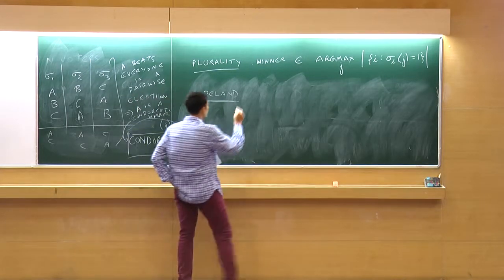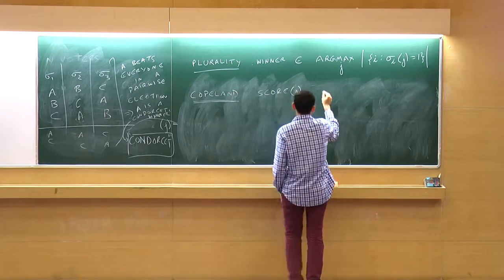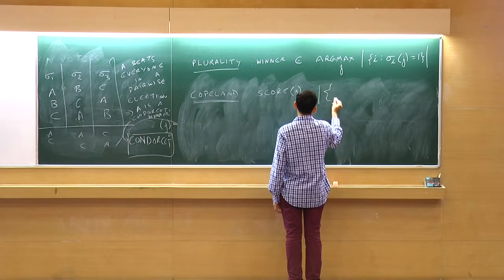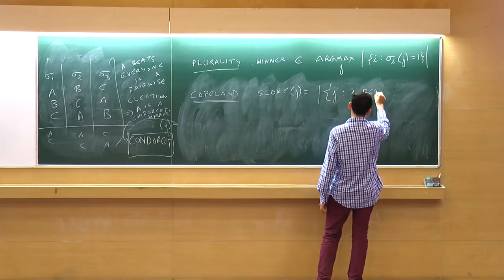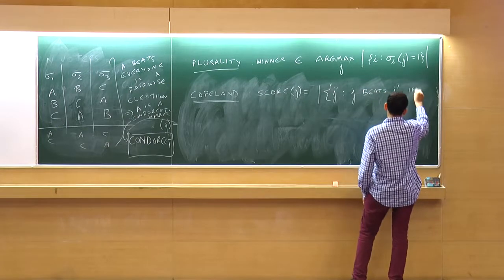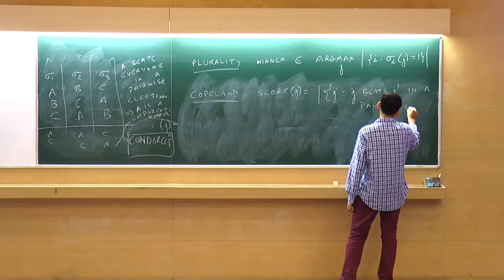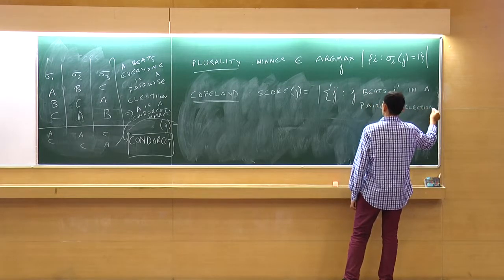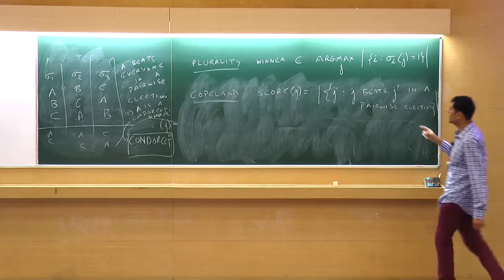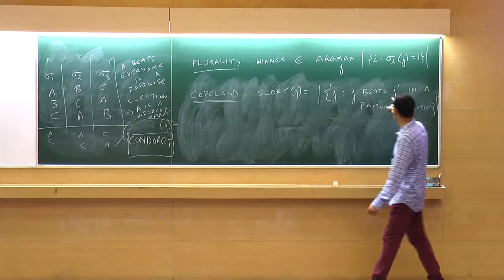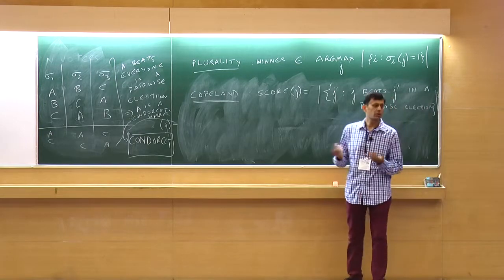Copeland is a rule where you assign a score. The score of j is the number of other candidates j prime such that j beats j prime in a pairwise election. Now, if there is a Condorcet winner, there is going to be someone with a score of m minus 1.